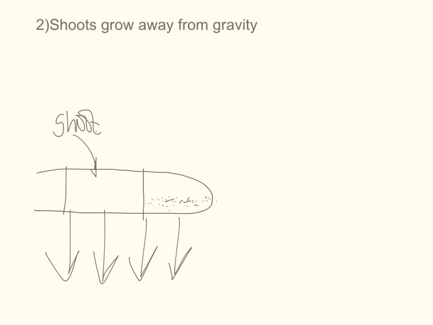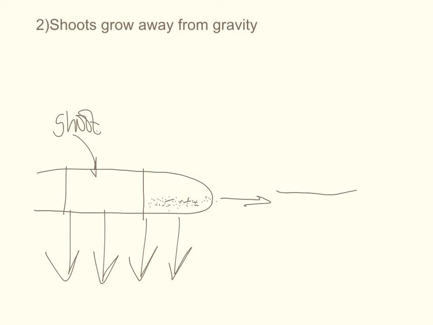So when a shoot is growing sideways, the gravity will produce an unequal distribution of my plant hormone auxin in this region of the tip of the shoot. This will therefore cause the lower side to grow faster, which will ultimately bend the shoot upwards.